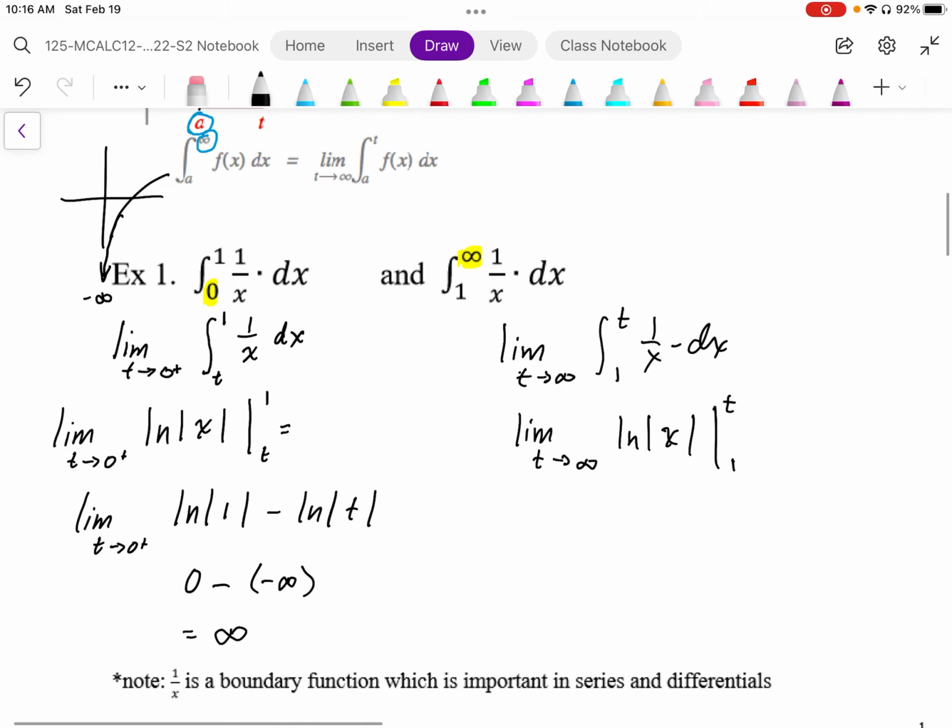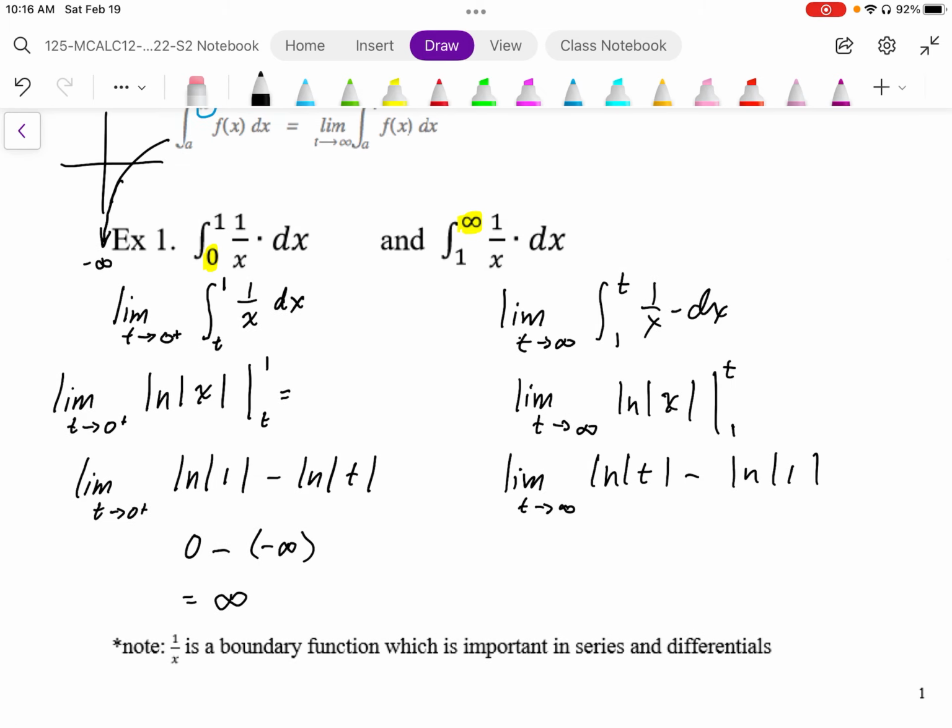I plug in 1 and t, so I get log of t minus log 1. Log 1 is 0. Log of infinity, when I plug t as infinity, is infinity minus 0.